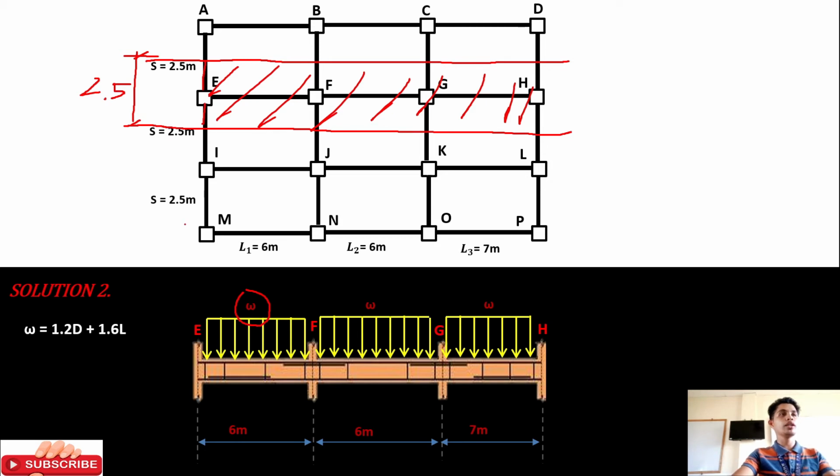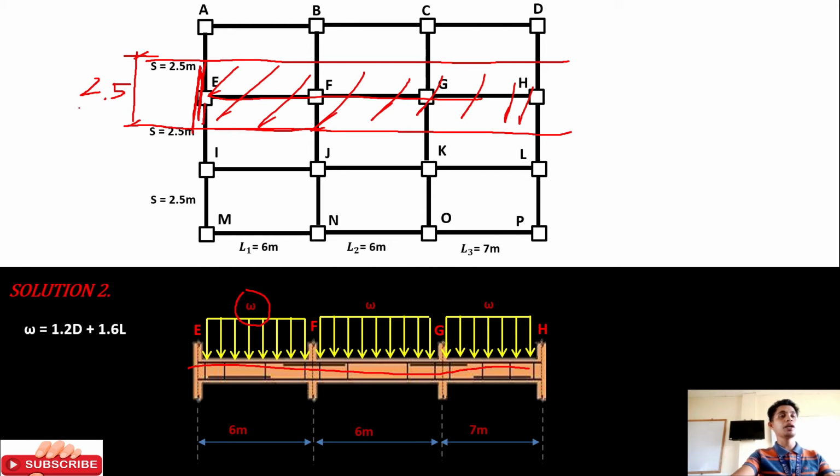So, since ang ating load is kilopascal, so 5 kilopascal, kN per meter squared. So, kailangan natin siya i-multiply sa meter. Anong meter yon? 2.5 or 6. Para ma-distribute natin siya sa length na ito, kailangan natin siyang i-multiply sa 2.5.